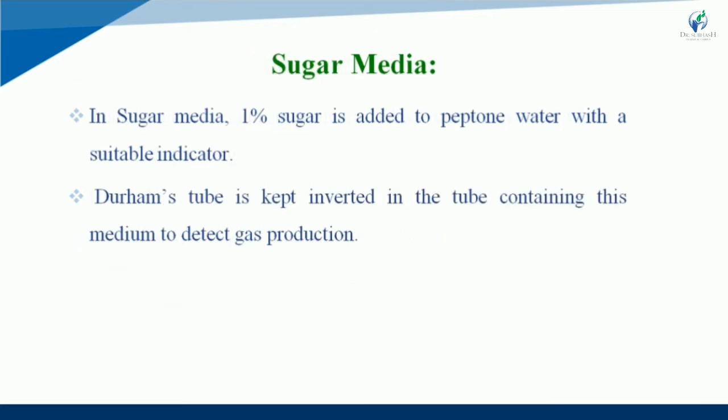Next one is sugar media. What is sugar media? In sugar media, 1% sugar is added to peptone water with a suitable indicator, and a Durham's tube is kept inverted in the tube containing this medium to detect gas production.